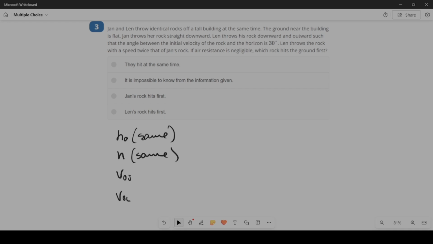And they tell us that Len throws his rock with twice the speed of Jan's rock. So this is 2 v0J. Len throws his rock downward, so we can kind of make a graph here. This is going to be the building.